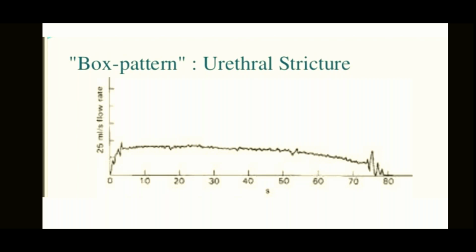The urine is flowing, but because the urethra is having a stricture, it is not flowing at the maximum speed, but it is giving us a flattened curve in the uroflowmetry.